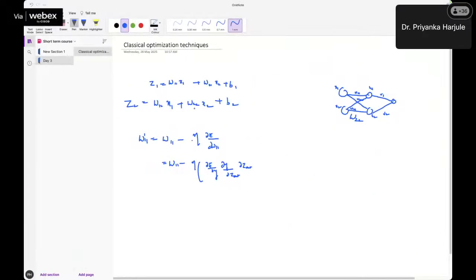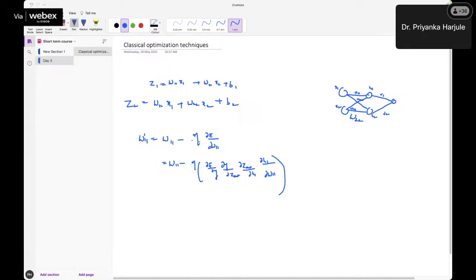So what we will take is del Z out upon del H1 and H1 with respect to Z1, Z1 with respect to W11. I'm sorry, my pen is not writing well today. Something wrong with it. I will get it corrected for the next session. So this is the entire chain rule.